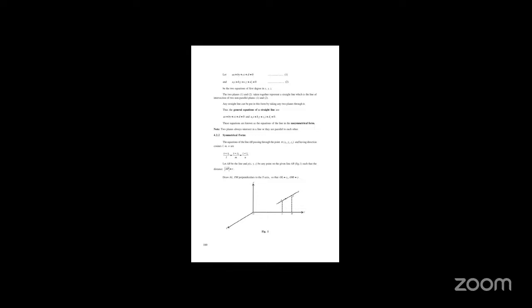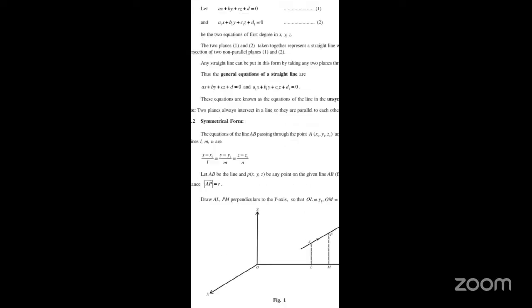Now that is lr plus x1, mr plus y1 and nr plus z1. That is the coordinates of any point on the line.